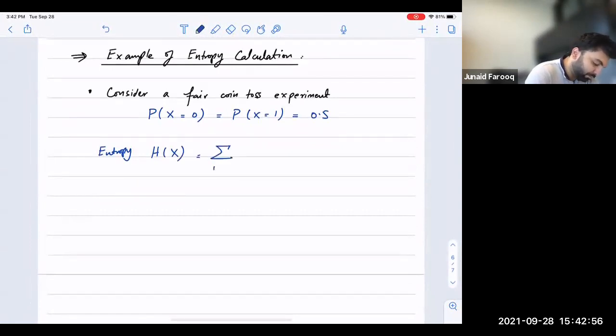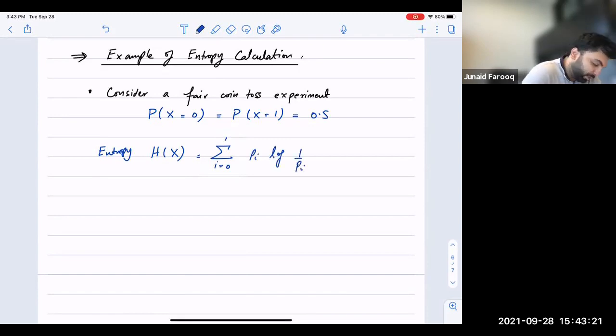So it's the sum over i from 1 to 2, or we can say 0 to 1, of pi log 1 over pi, right?